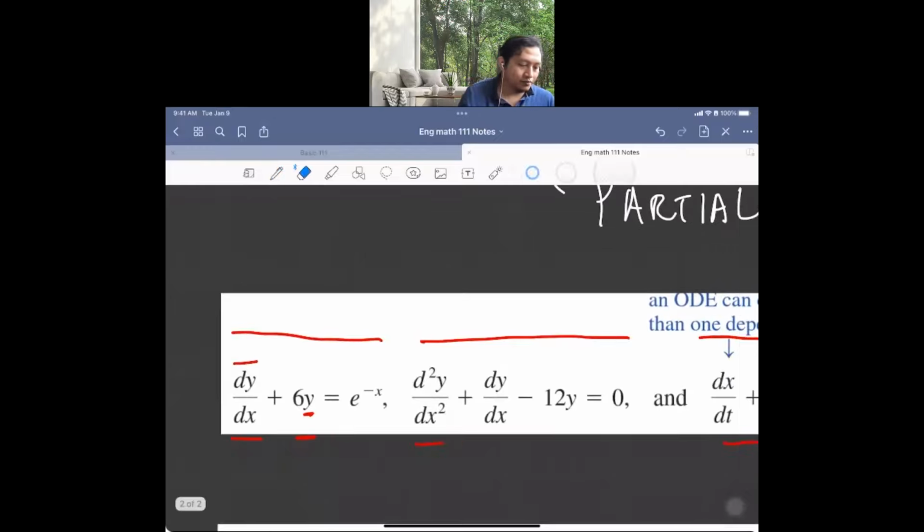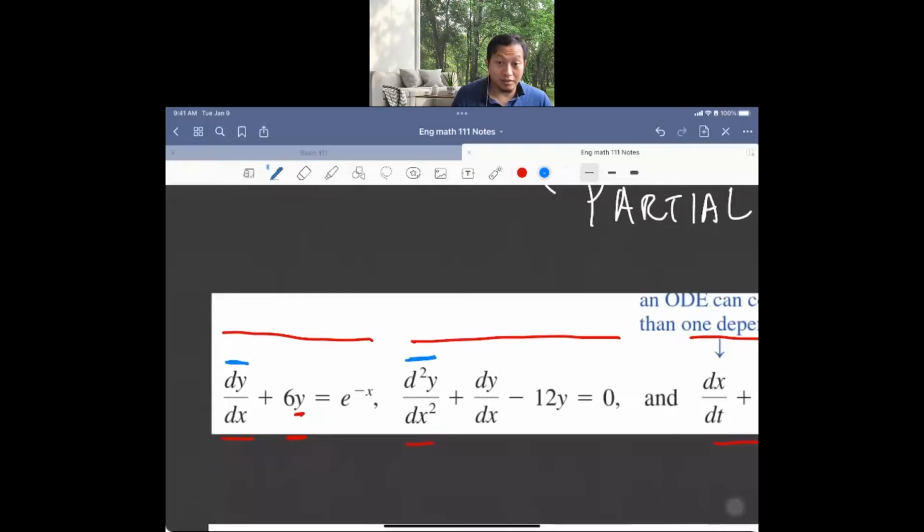The second part has the second order. So this is the first order, and this becomes the second order.